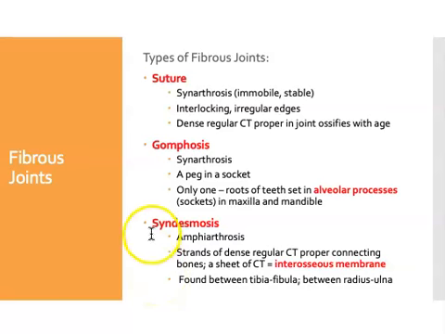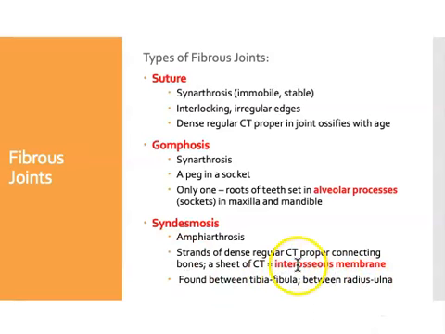So what you find in a syndesmosis joint is these strands of dense regular connective tissue proper that connect the bones. This is like a sheet of connective tissue in between two bones. And we call that sheet an interosseous membrane.